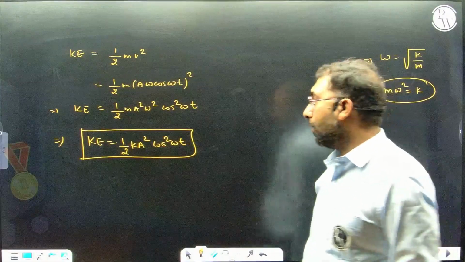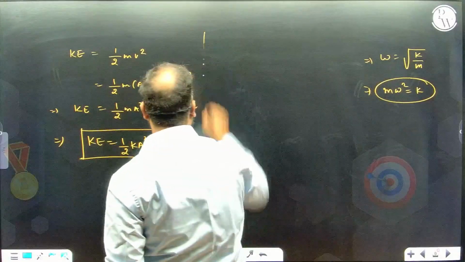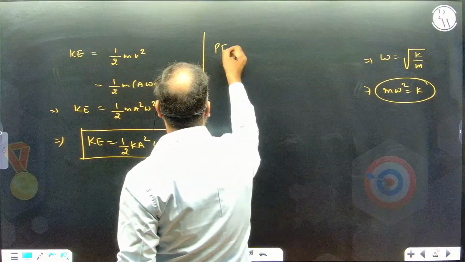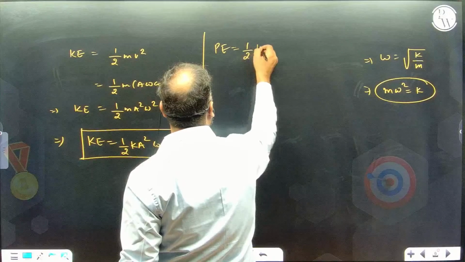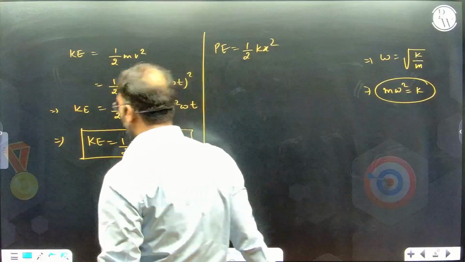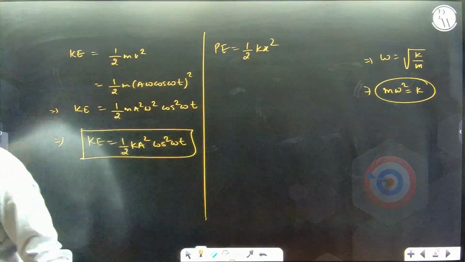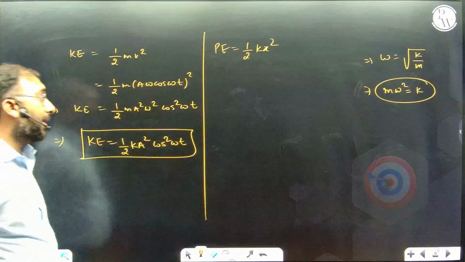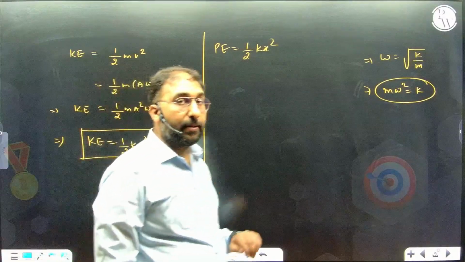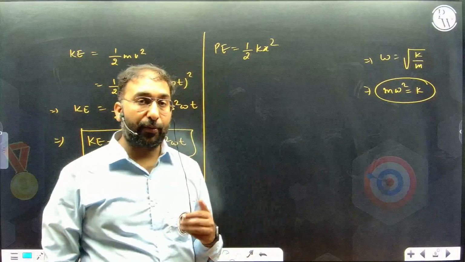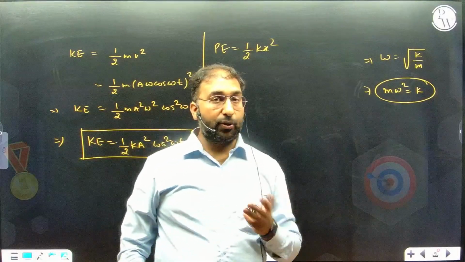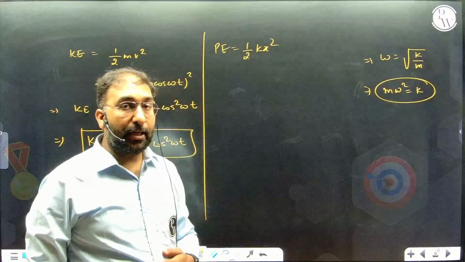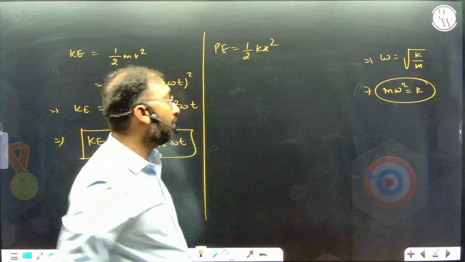Similarly, we can also find the potential energy of this particle. Potential energy is half k x square. This is the change in potential energy from the mean position. I have assumed the potential energy at the mean position to be 0.